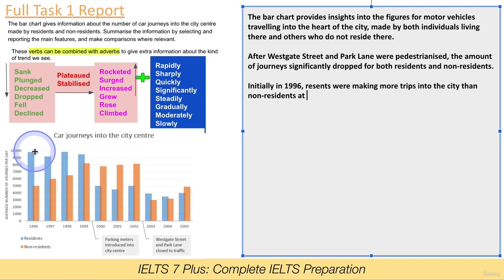We've got 9,000, 10,000. So maybe 9,000, 100, 200, maybe 9,800.